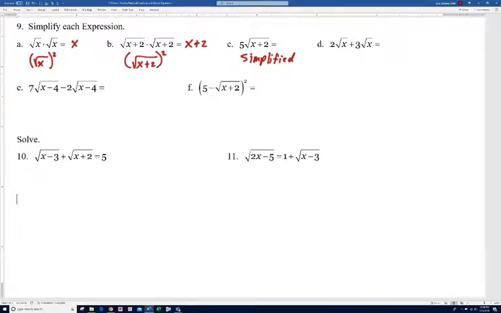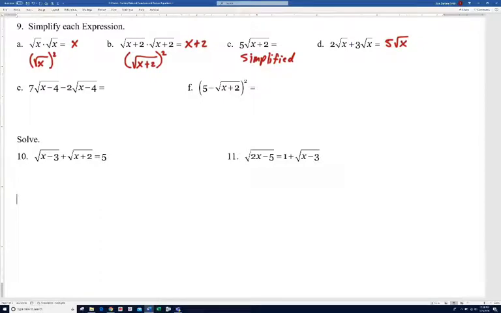We add these just like terms. If I had 2x plus 3x, I would say that's 5x. In a similar way, if you have 2 square roots of x, and to that you add 3 square roots of x, you have a total of 5 square roots of x. So just remember, you can only add like radicals.